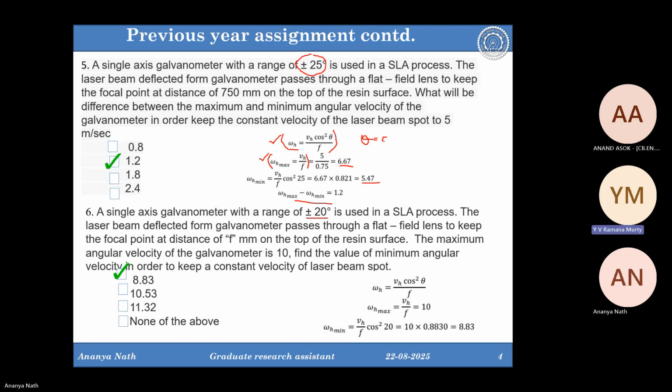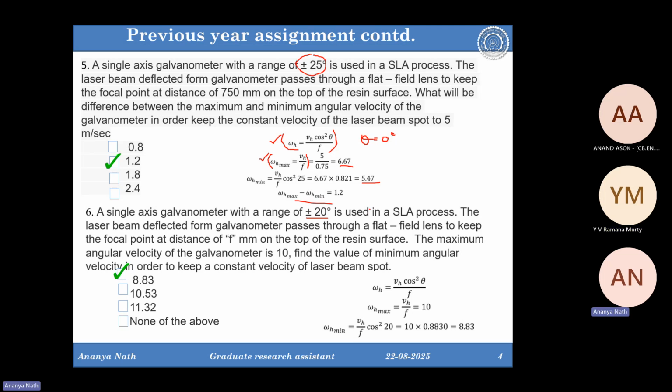The formula is in terms of velocity, no? Yes. So Vn equal to F secant square theta Wn. Yes, F is the focal distance or focal point.